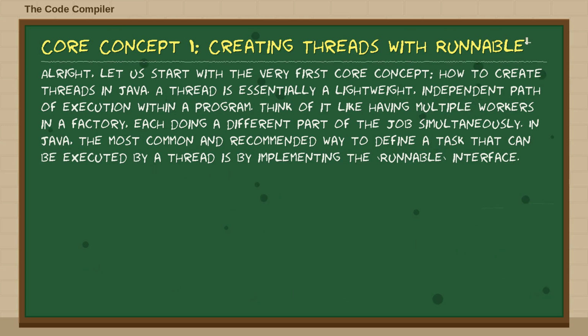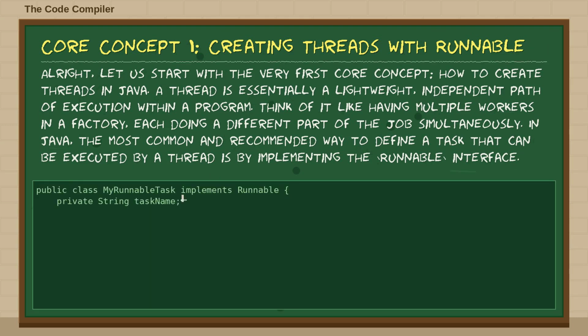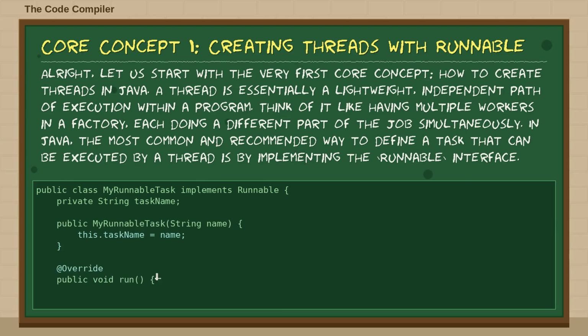Once you have a class that implements Runnable, you then create a Thread object, passing your Runnable instance to its constructor. This separates the task, the Runnable, from the thread that executes it, the Thread object, which is good for design flexibility. It is a very clean and powerful way to manage your concurrent tasks.